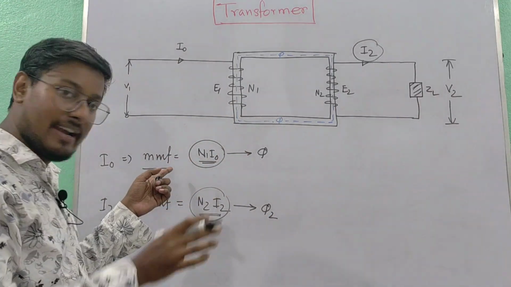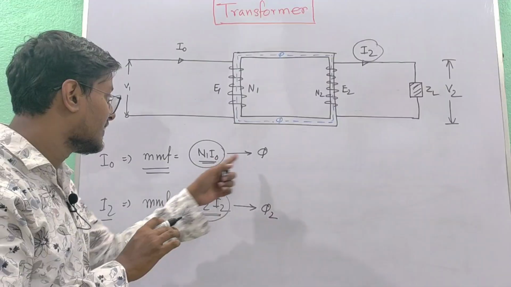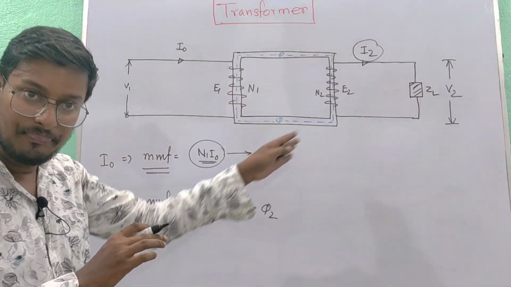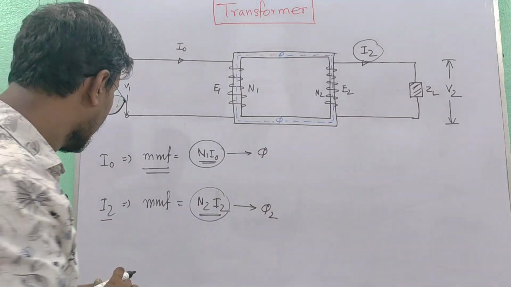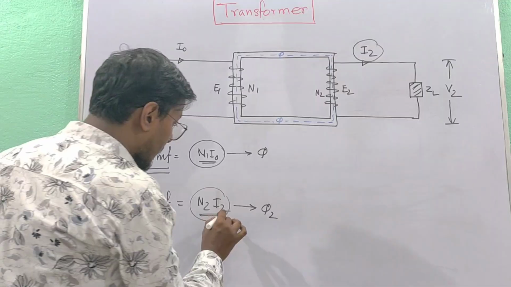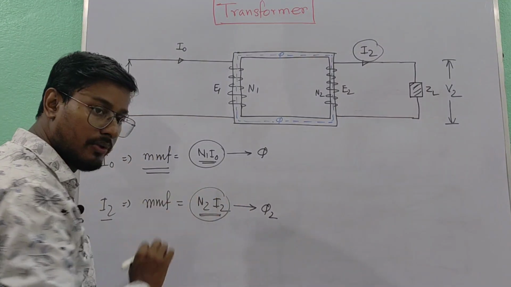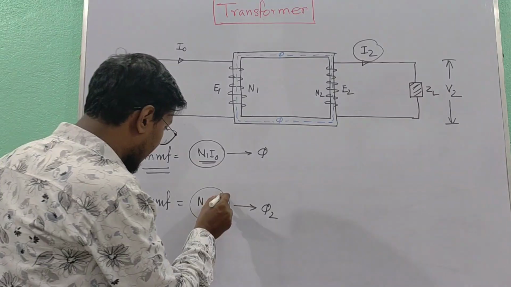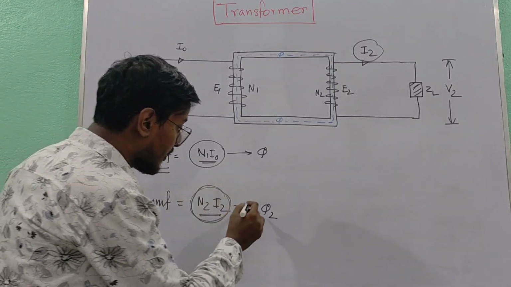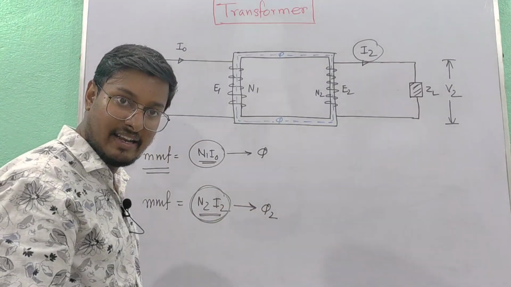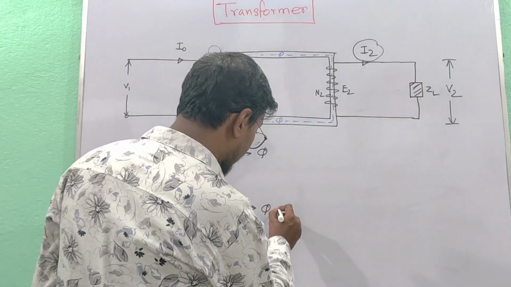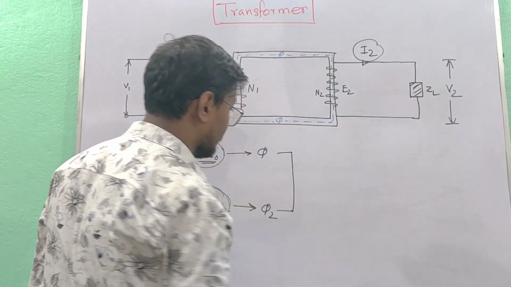Earlier we have seen that because of I0 there is a mutual flux phi linked with both the windings. Similarly, because of I2 the secondary ampere turns N2 I2 will be produced, and this MMF N2 I2 will produce a secondary flux phi 2. This phi 2 will oppose the main flux.